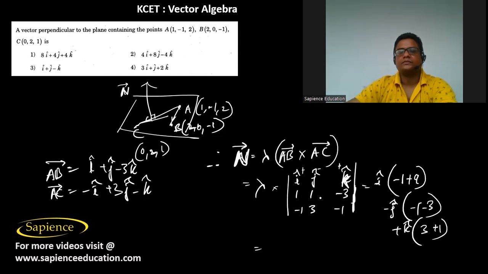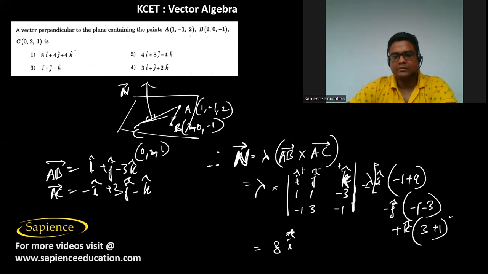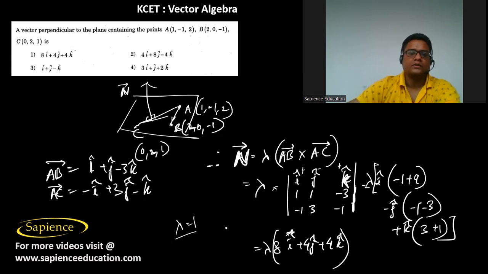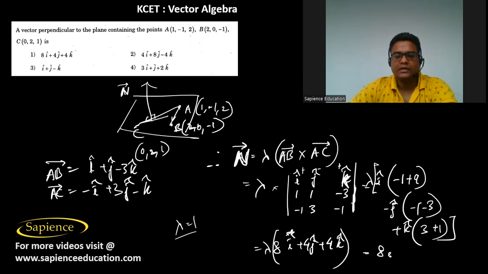So this will be 8 i cap, so this is lambda into 8 i cap, then plus 4 j cap plus 4 k cap, and lambda we can take as 1 also. So if you take lambda as 1, then n vector will come 8 i cap plus 4 j cap plus 4 k cap. So it means option 1 is the correct answer.